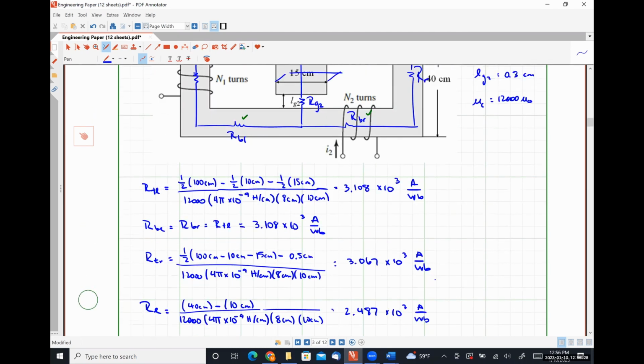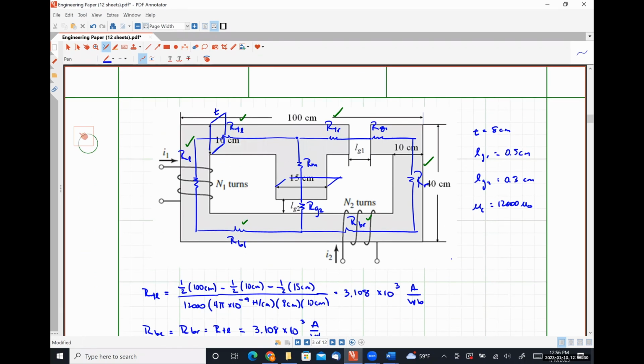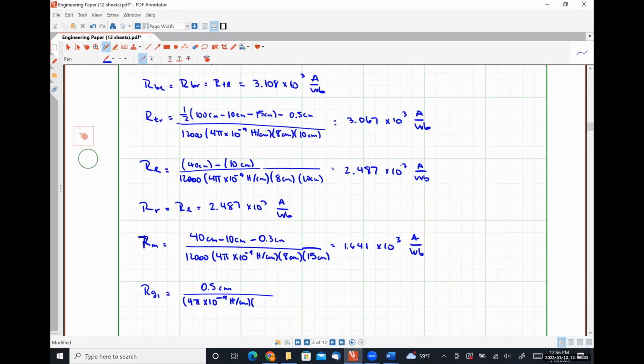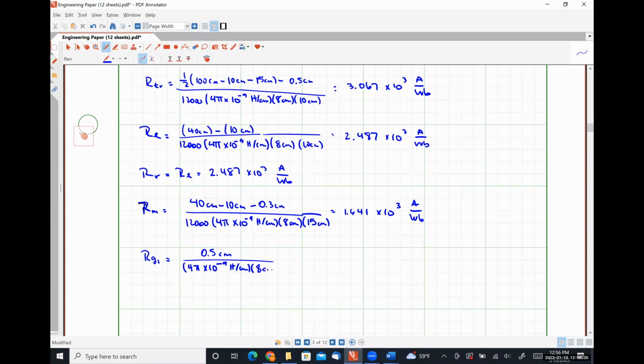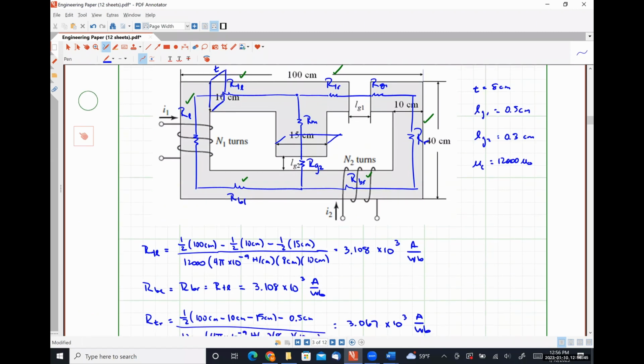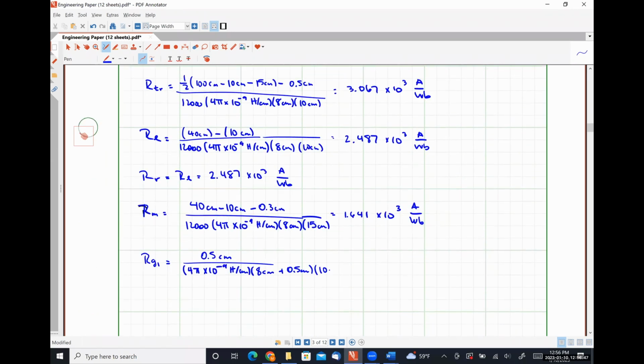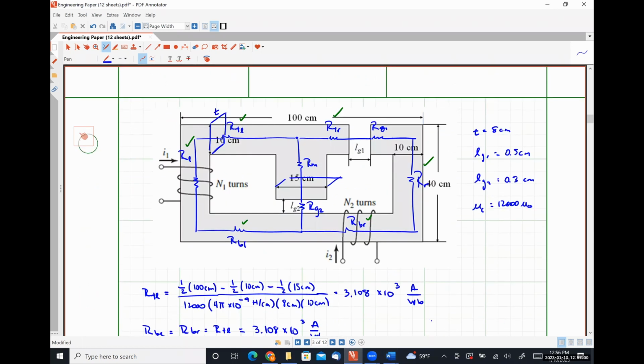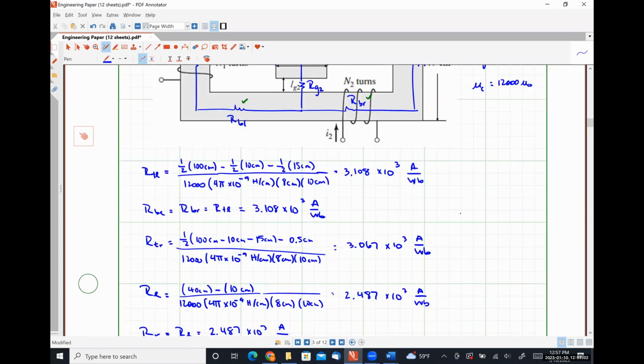For gap 1, our area is going to be our thickness, so that's 8 centimeters plus 0.5 centimeter times our width for that region, which is 10 centimeters plus 0.5 centimeter. For RG1, that's this guy right here.